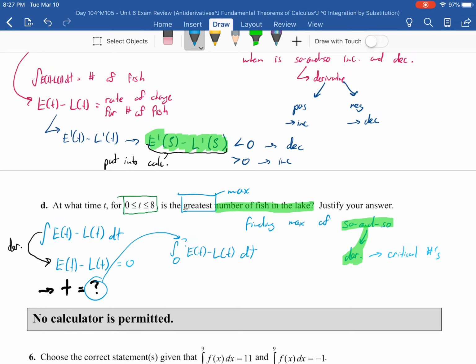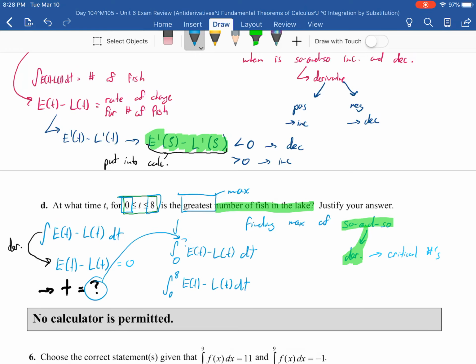That is not the only t-value you're going to test. You are also going to test the endpoints of your interval, so you will be testing 0 and 8 as well. So you will be testing the integral from 0 to 8 of e of t minus L of t.